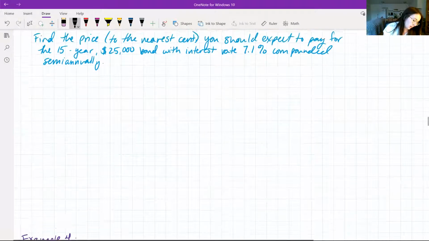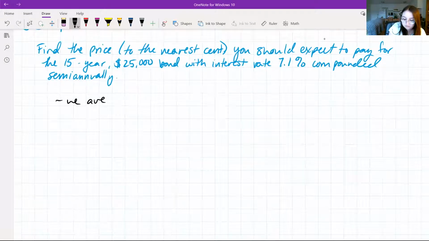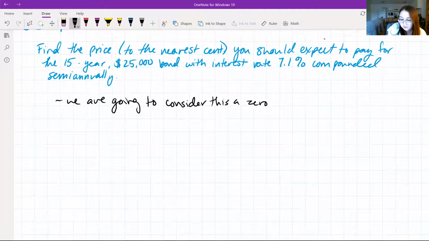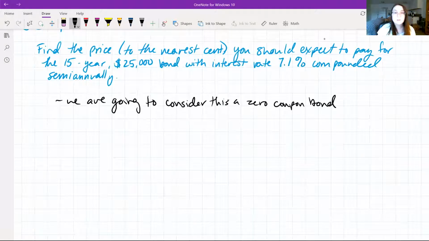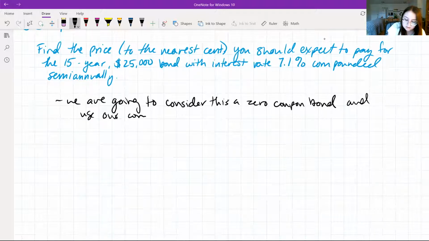So what we're going to do is consider this a zero coupon bond, and we're going to use the same equation as we had before, our compound interest formula.